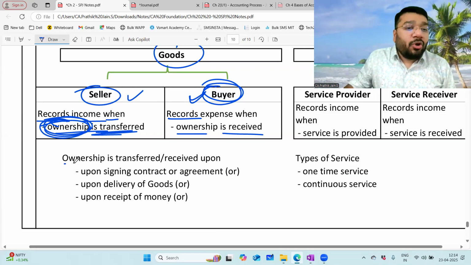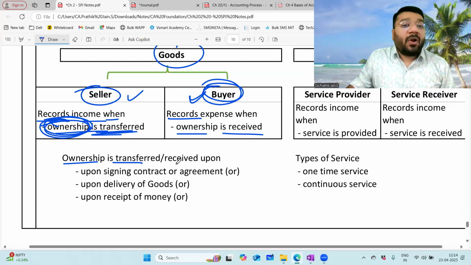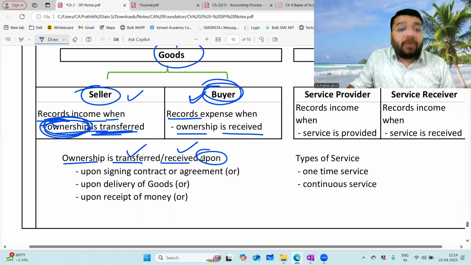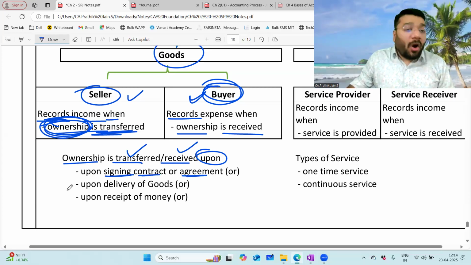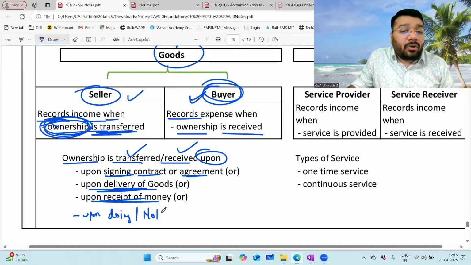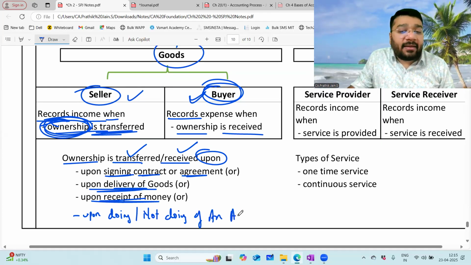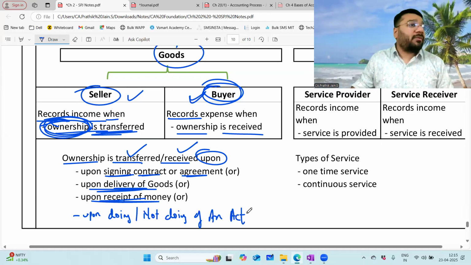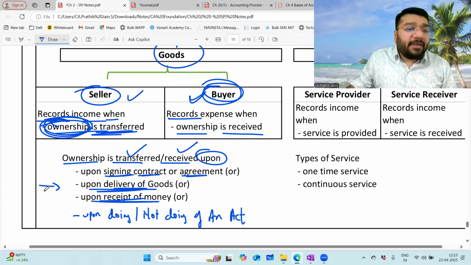First situation, ownership is transferred by the seller or received by the buyer upon signing the contract or the agreement, or upon delivery of the goods, upon receipt of money, or upon doing or not doing of an act. Fourth point. First, can I talk about the delivery of the goods?